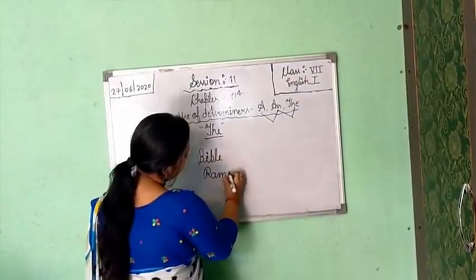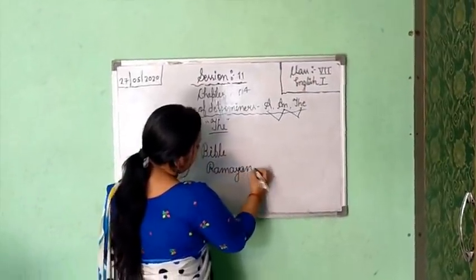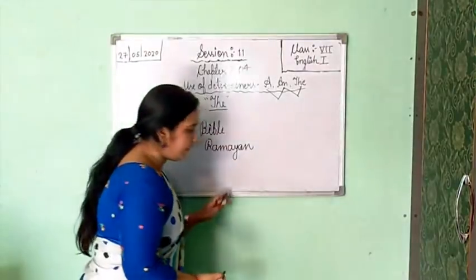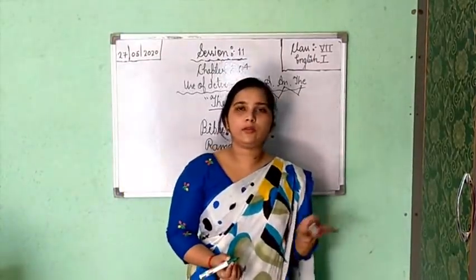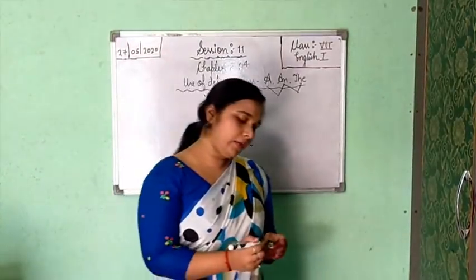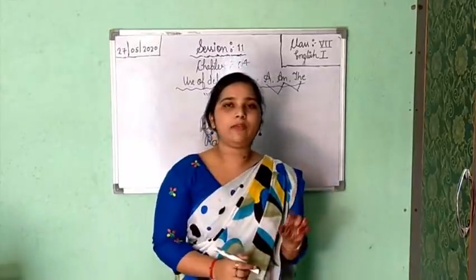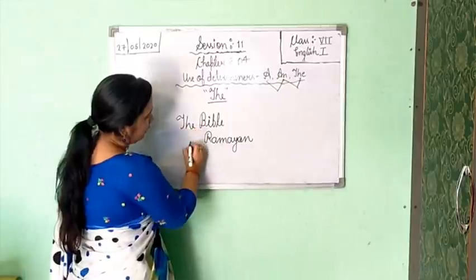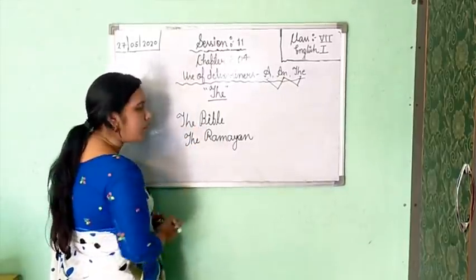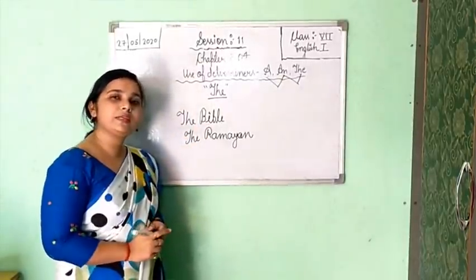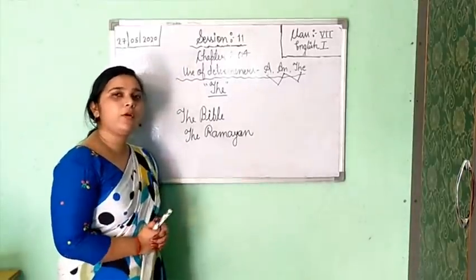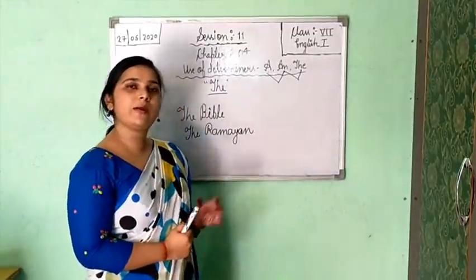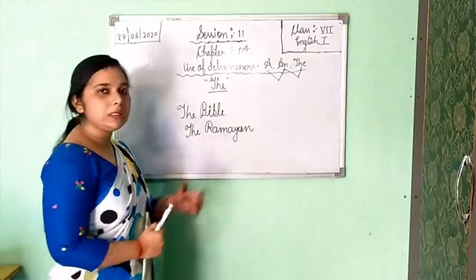In every religion we are getting different kinds of holy books. So before any holy book we will use "the". We will use the Bible. We will use the Ramayana. Because it is showing a specific thing. So before the name of any holy book you will use the determiner "the".